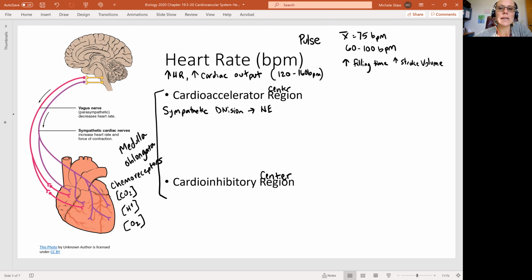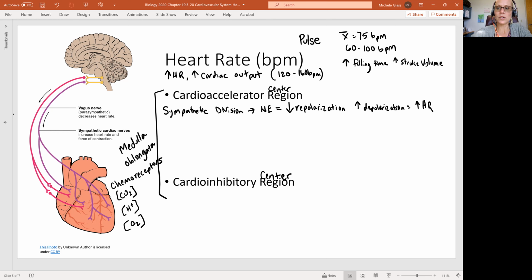And what we'll see is that the norepinephrine increases your heart rate because it reduces the repolarization of the cardiac muscle, and then it increases the depolarization of the cardiac muscle. And so collectively, you're increasing your heart rate.